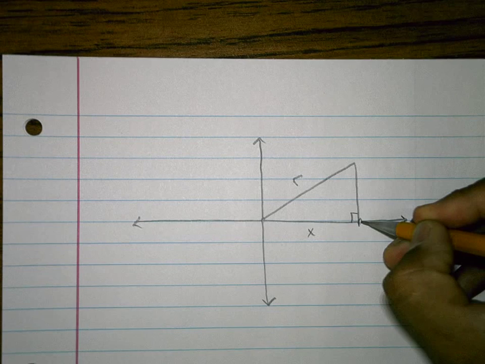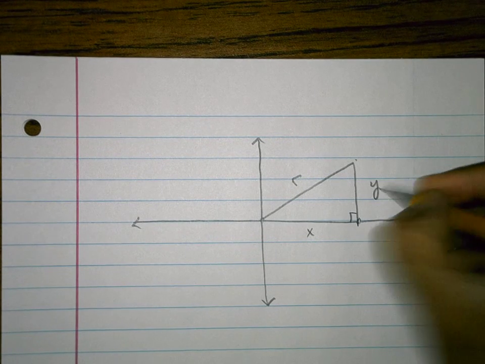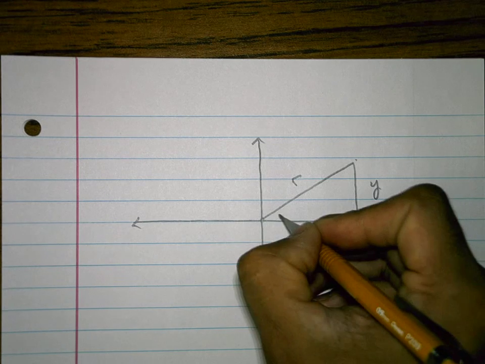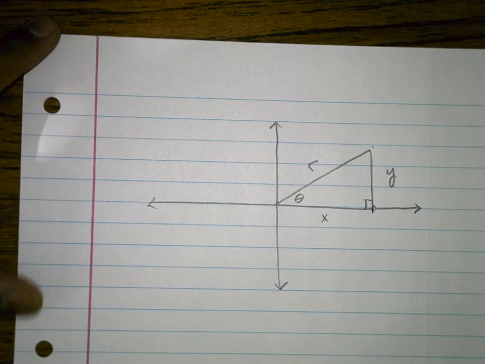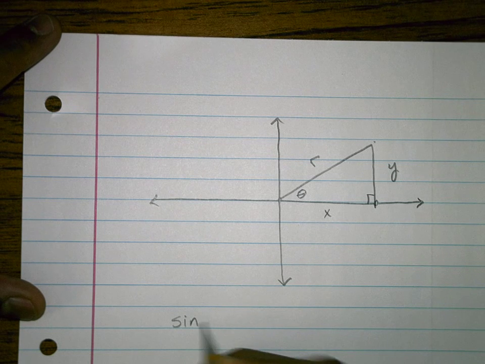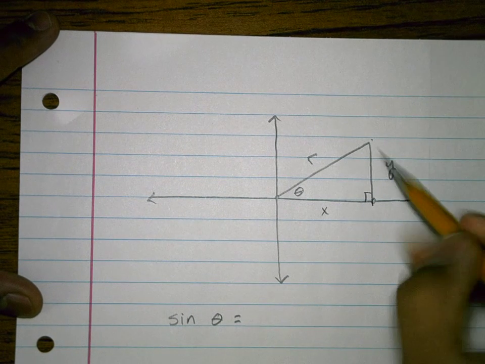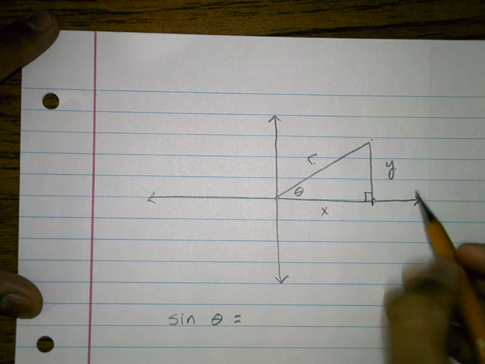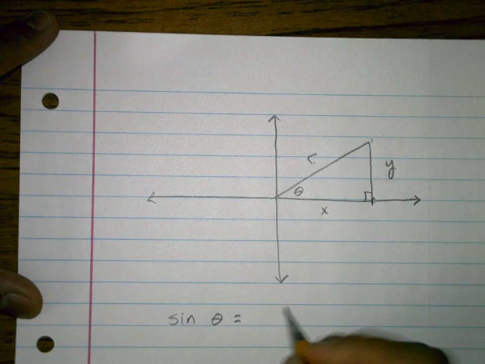And the distance from here to here, because these are perpendicular, is going to be the y value. So if I refer to this angle down here as theta, I could say that its sine, if I go back to the definition that I already had, is equal to the opposite side over the hypotenuse. In this case, I'm going to use the coordinate plane and refer to it as the y value over the radius.